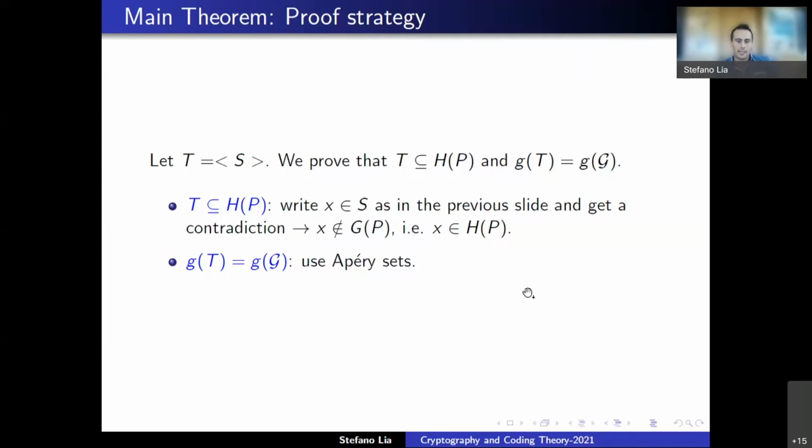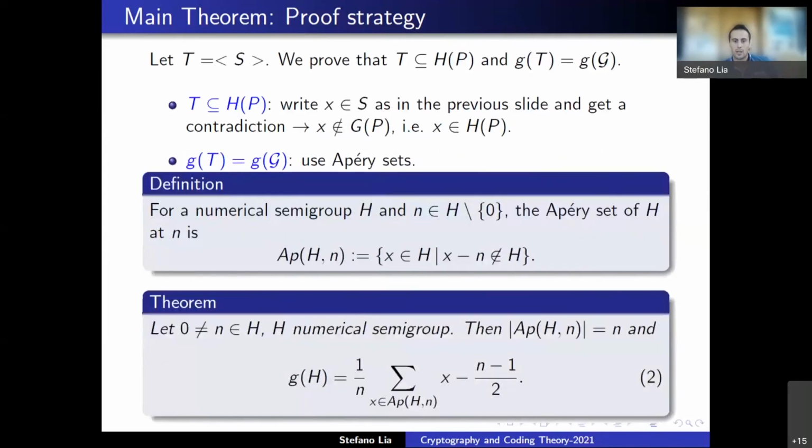A trickier part is to prove that the genus is the right one. In this case, we use the theory of Apéry sets, which are fundamental tools in the theory of numerical semigroups. Now, the Apéry set of a semigroup H at a non-zero non-gap n is the set of non-gaps x such that x minus n is a gap.